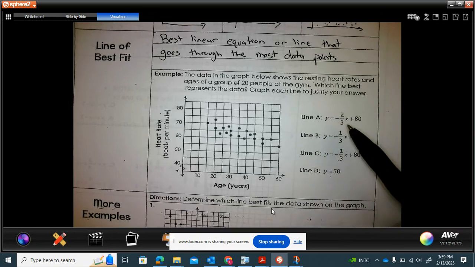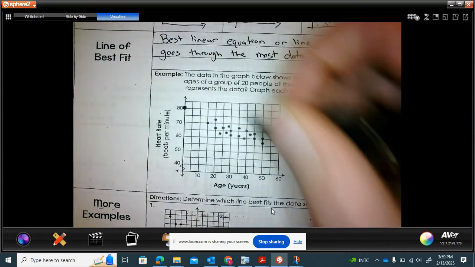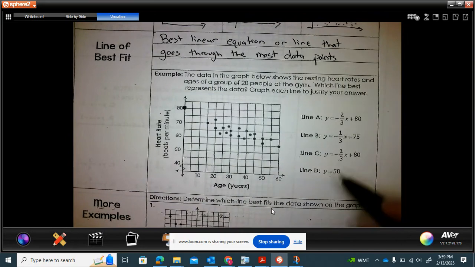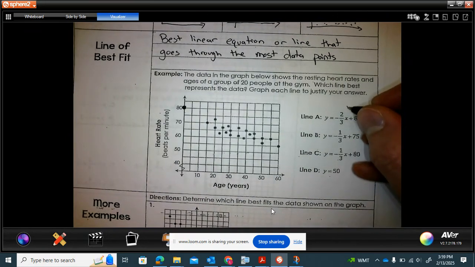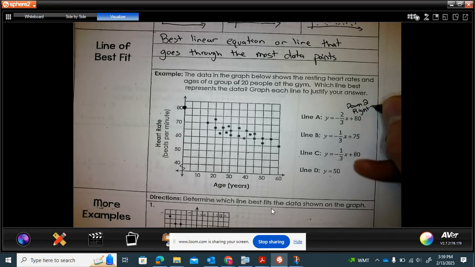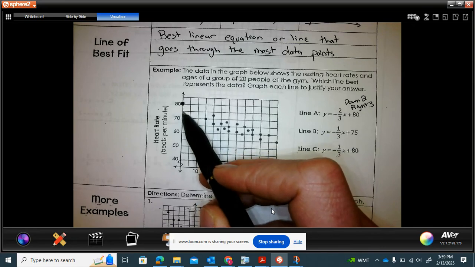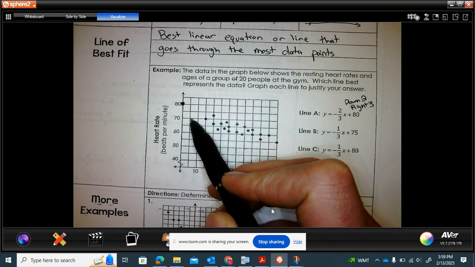And so we just got done with Unit 3. Unit 3 was all about graphing lines and slope and all that. And so line A has a y-intercept of 80. So if I was to graph line A, I'd put a dot at 80. And then my slope is negative 2 over 3, which means down 2, right 3. So I go down 1, down 2, right 1, 2, 3.